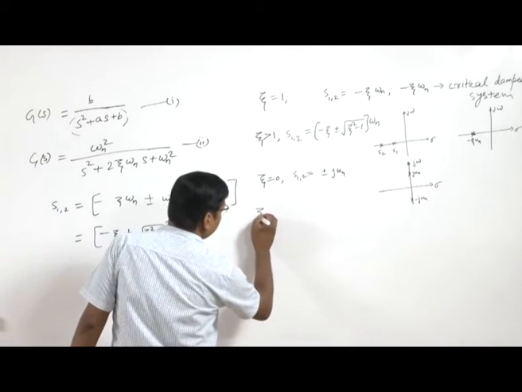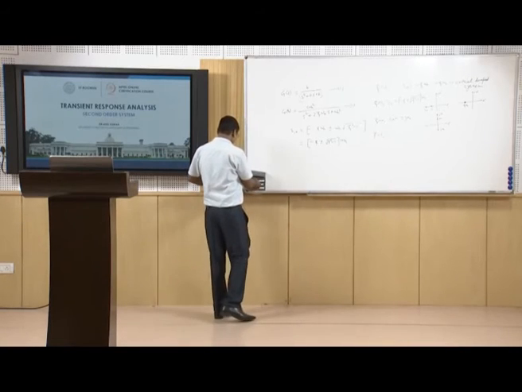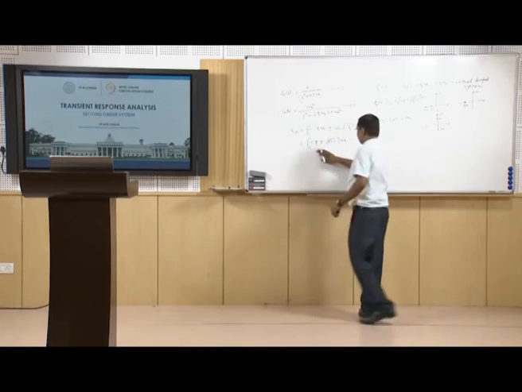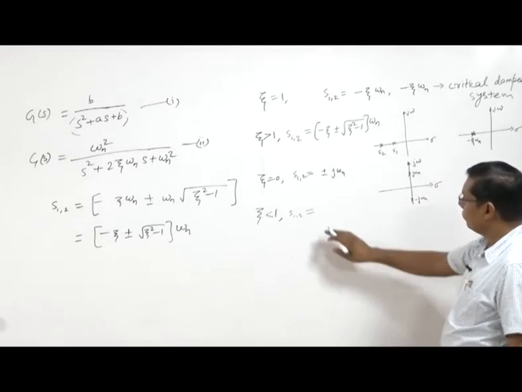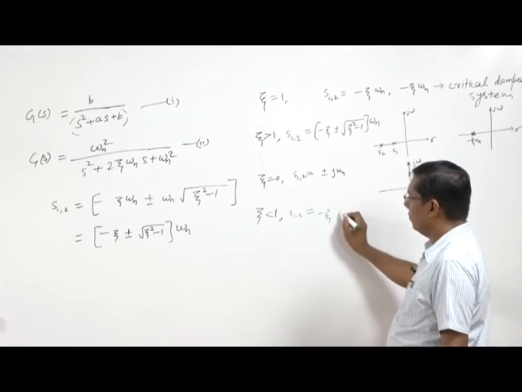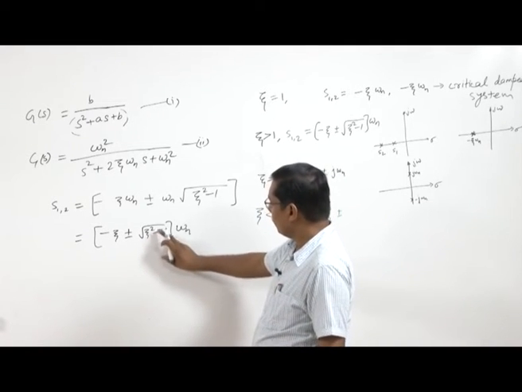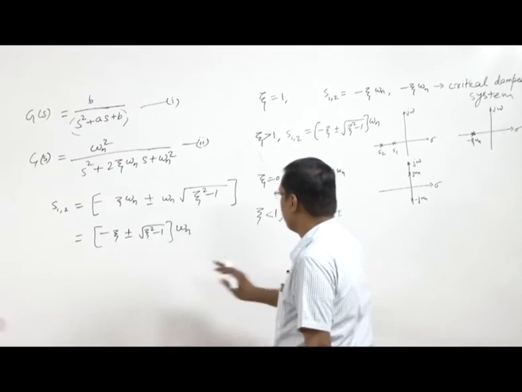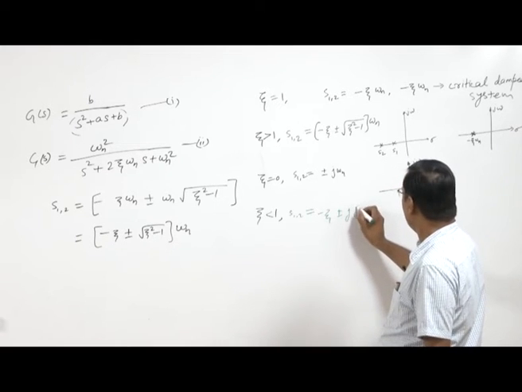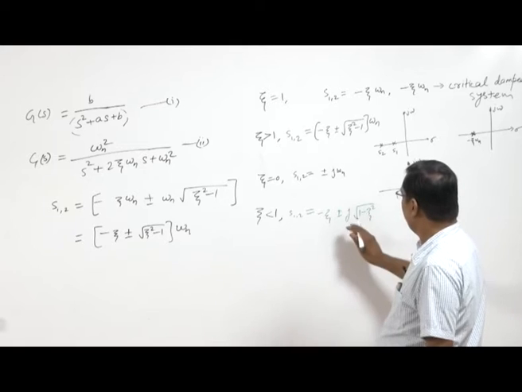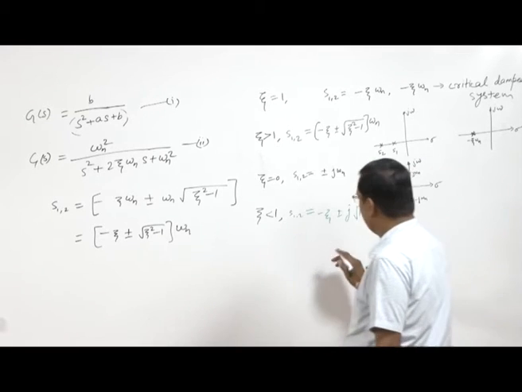Now if zeta is less than 1, we will have s1,2 equal to minus zeta omega n plus minus. So here zeta is less than 1, so to make this under root quantity positive, we put 1 minus zeta square, and we take here j, under root 1 minus zeta square. So j is under root minus 1, and here omega n.